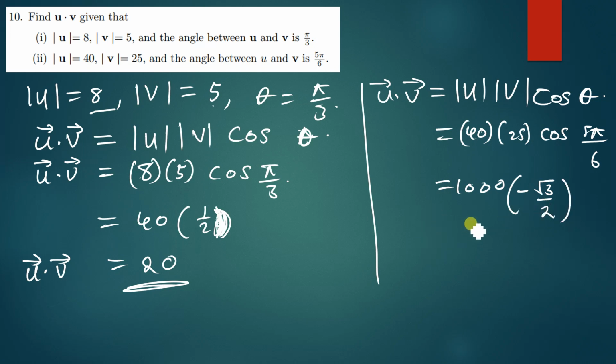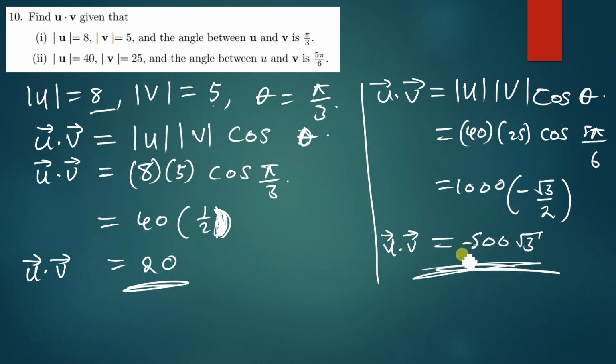So we're trying to find u dot v, and this is going to be negative 500 root 3. So this is our u dot v. So these questions are simple.